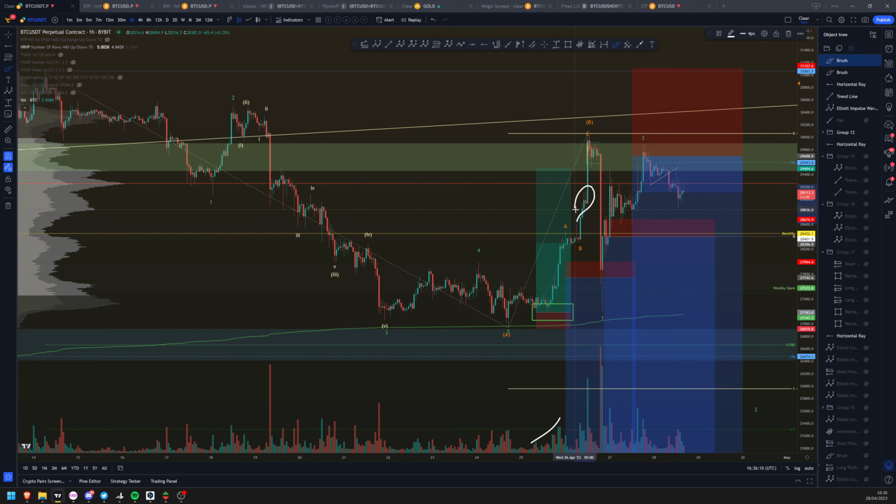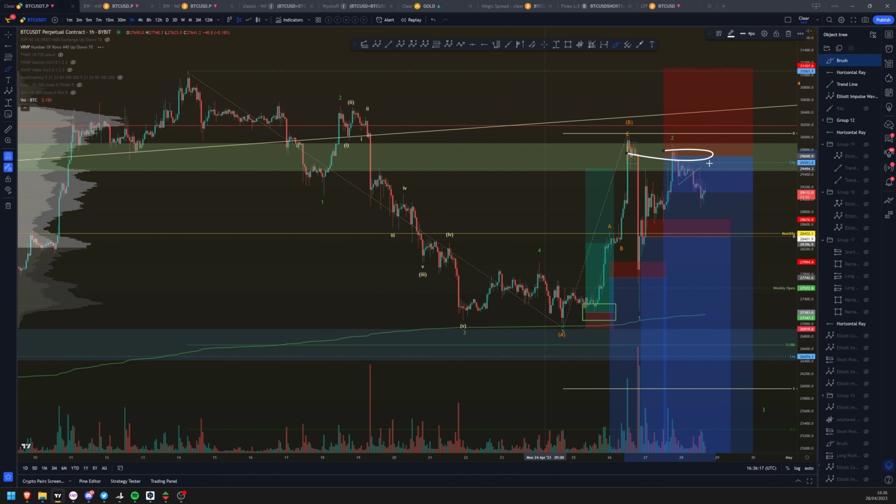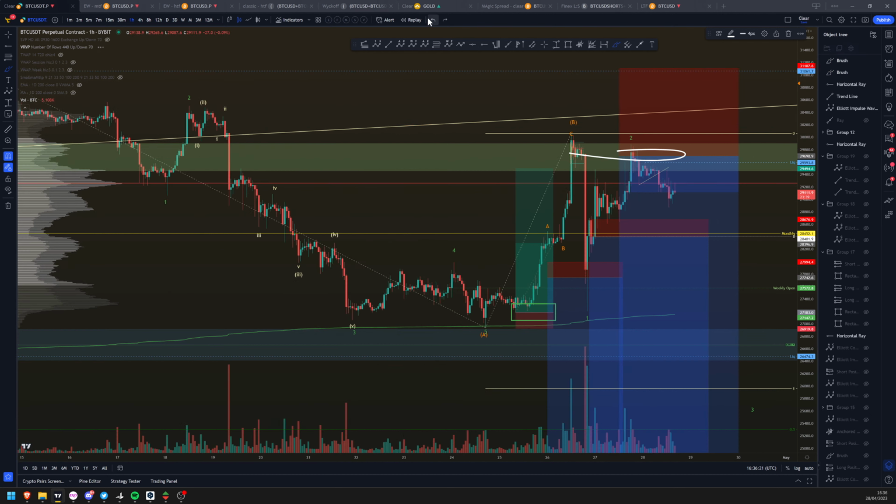I tried a few scalps here, and otherwise the plan was to short here at liquidity with a stop above here. I didn't take that short, but I took a short yesterday evening, rather.